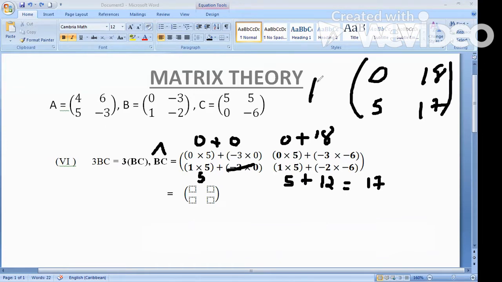That's what we just worked out a while ago. All these numbers should go into this little matrix here. Then when you get all those numbers, you multiply by what? By 3. And you're done.